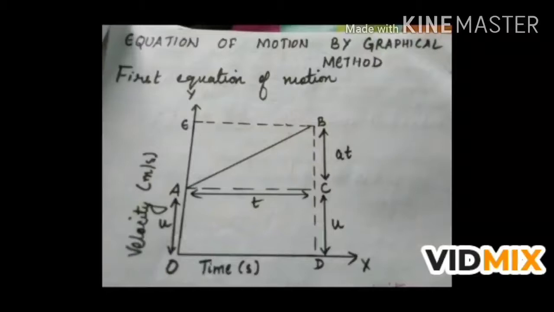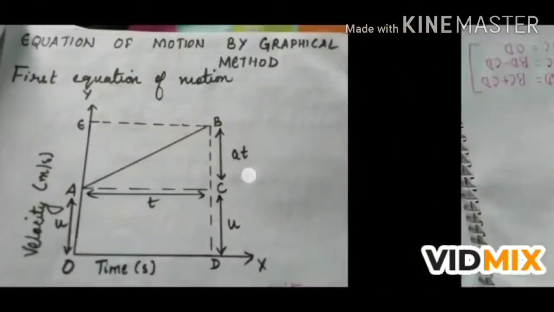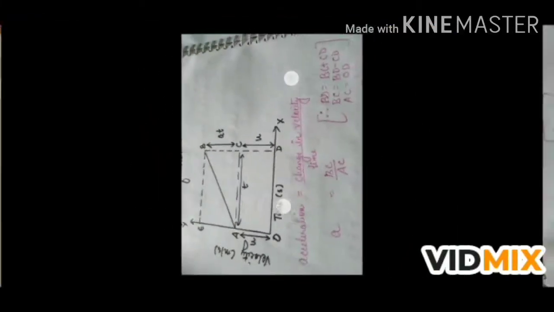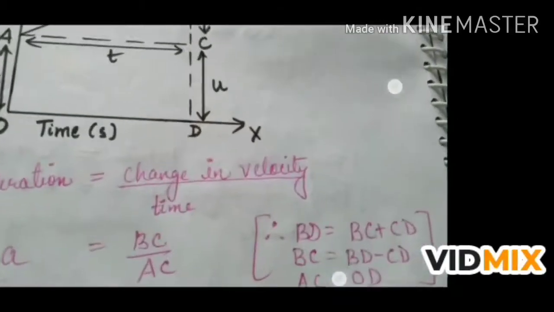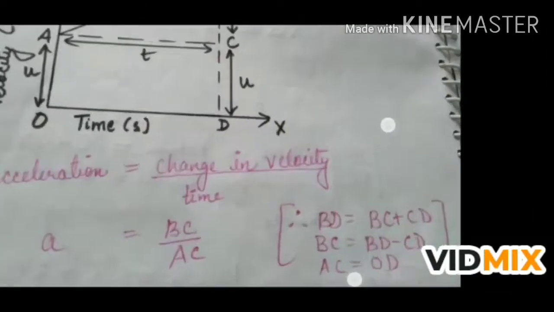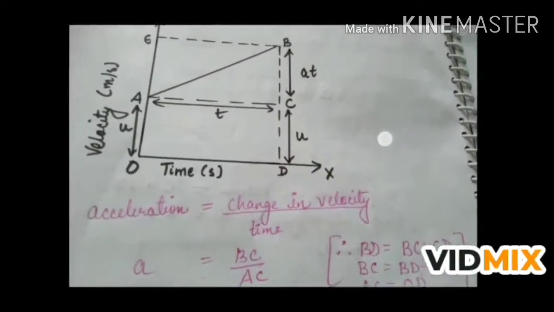Now, what is the acceleration of the body here? A equals change in velocity upon time, or we can say A equals BC upon AC. Here AC is time. If OD is time, then AC will also be time. Here you can see BD equals BC plus CD.